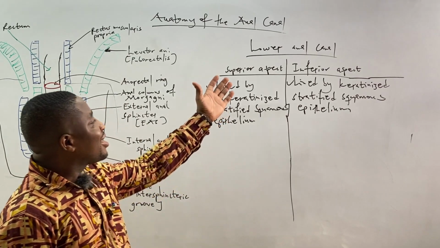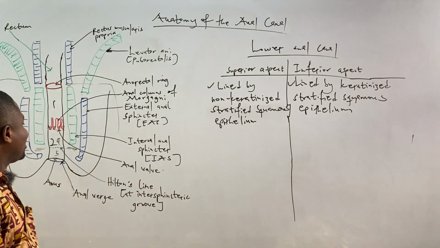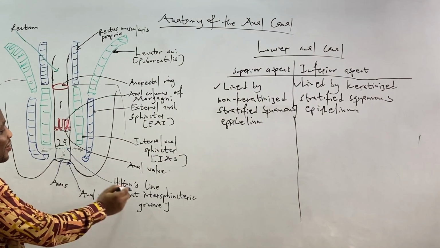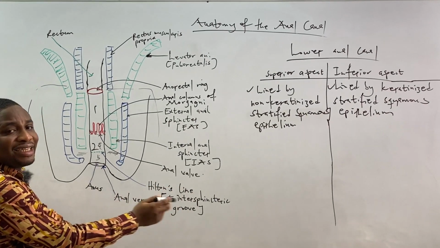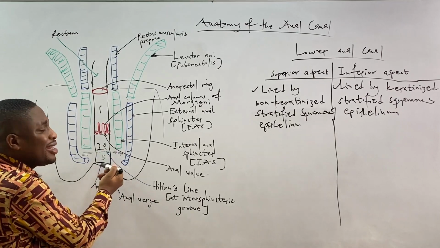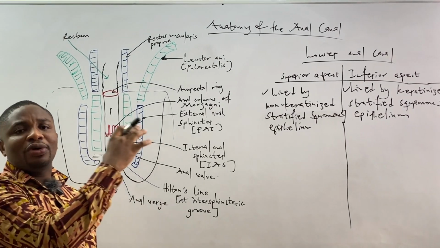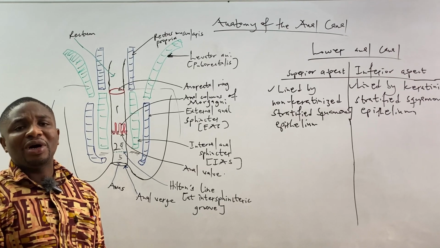So for the lower anal canal, as initially mentioned, we know that at the level of the intersphincteric groove, the Hilton's line, that's a white line, separates the lower anal canal into the superior aspect and the inferior aspect.